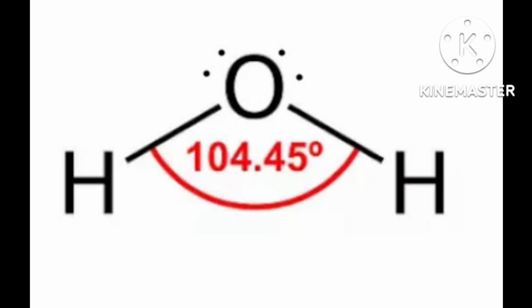In the first structure, the lone pair is present at the axial position. This is the main thing I am telling you. So there are 3 lone pair-bond pair repulsions.